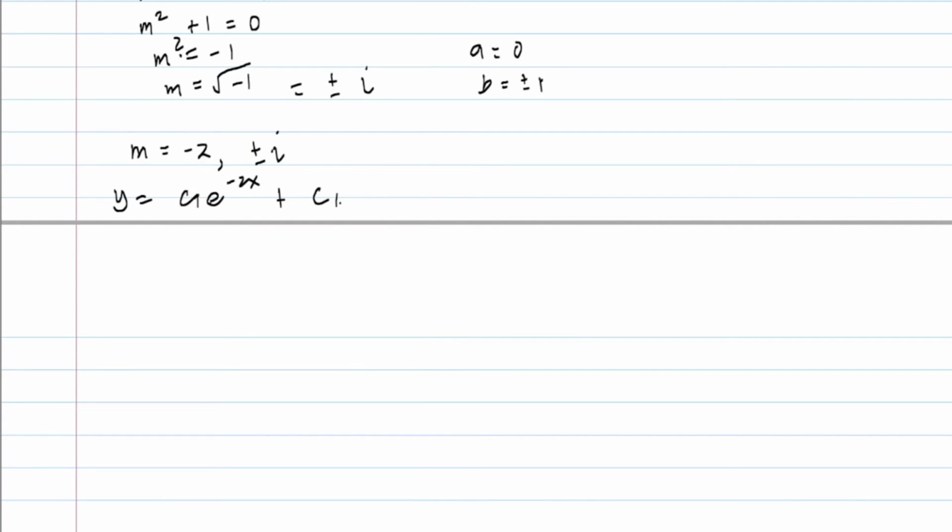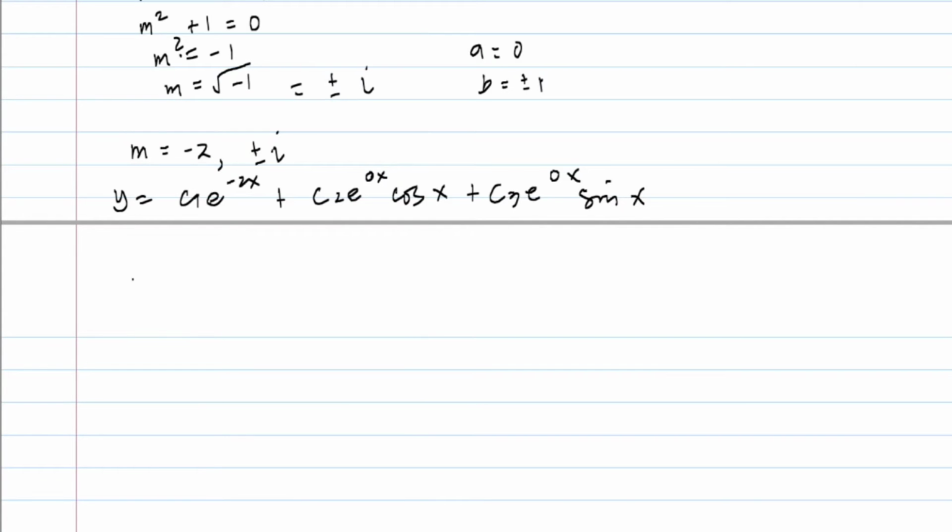C2 e to the, ang A natin is 0x, right? Cosine, ano yung B natin? 1. Cosine x plus C3 e to the 0x, sine x. Pero ano yung e to the 0?